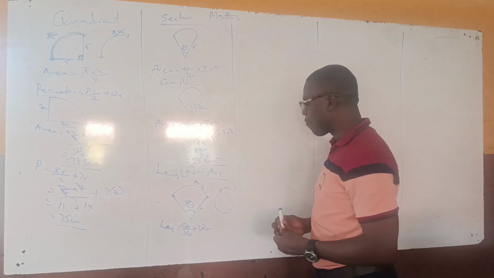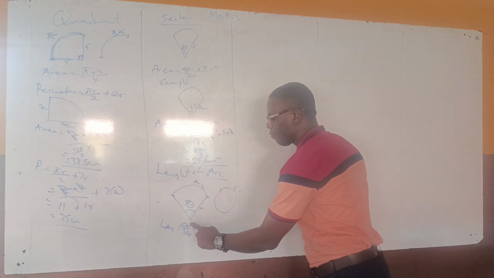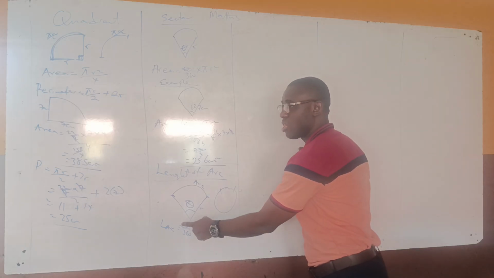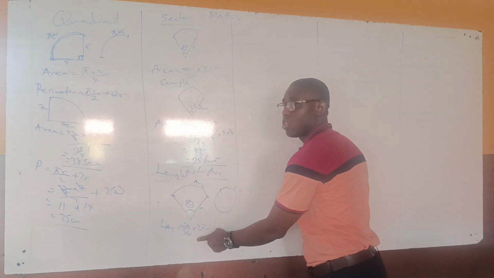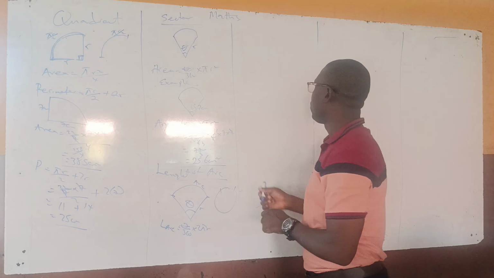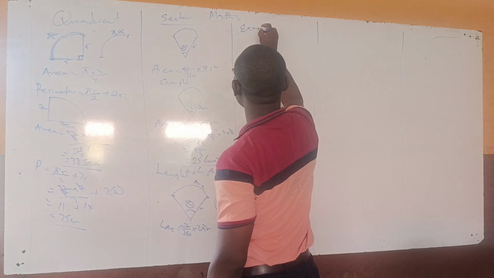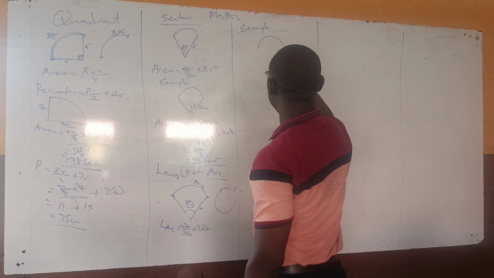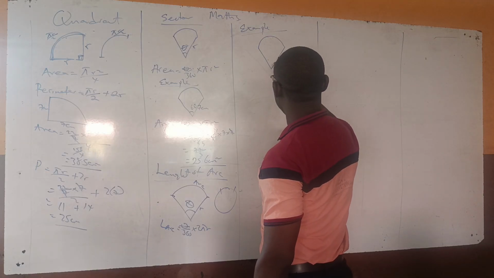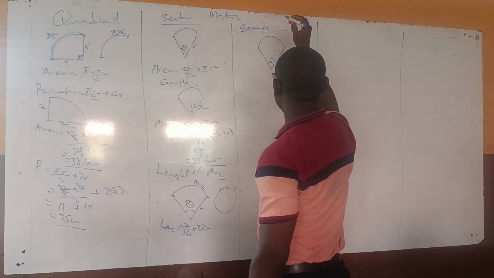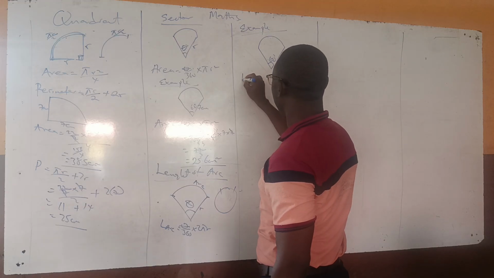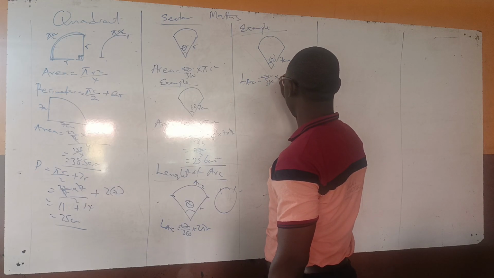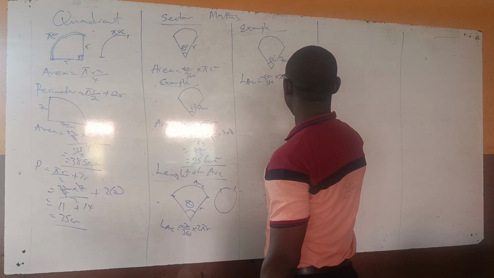Okay? So we are finding what? The fraction of the circumference. So we have what? Theta over what? 360 times what? 2 pi r. Take an example. We call this 60 degree and this 7 centimeters. So length of arc is theta, 60, times what? 2 pi r.